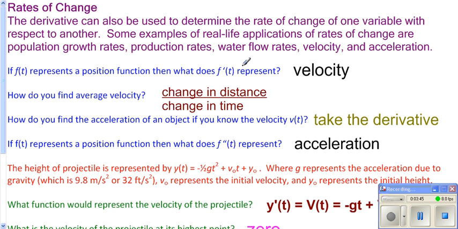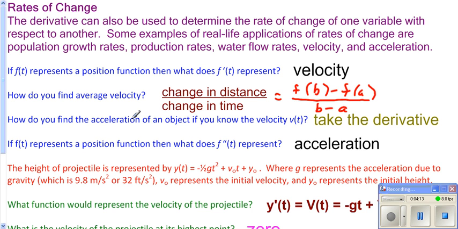However, if you were looking for just average velocity, it is just change in distance over change in time. Or, since our initial function is position, it would be f of b minus f of a over b minus a. Just your slope formula, slope between any 2 points.